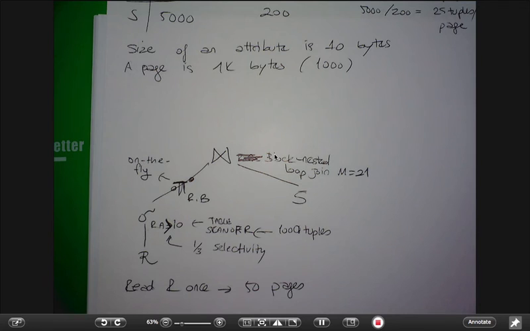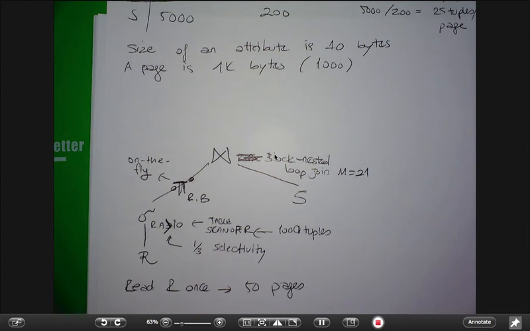Okay. So now I'm going to take these 1,000 tuples and I'm going to fill them into the input of this guy, right? But these tuples are not R tuples anymore. They are tuples that have only a single attribute, R.B. So if you have a single attribute like this, and you have 1,000 bytes, you can fit about 100 tuples per page, right?